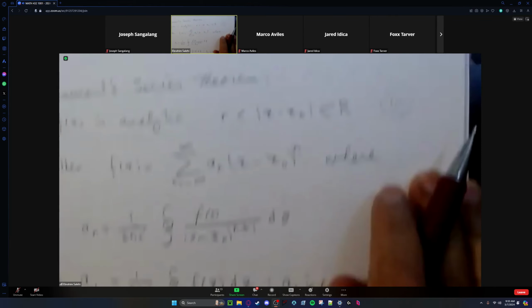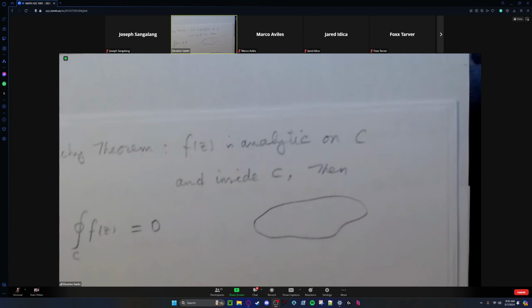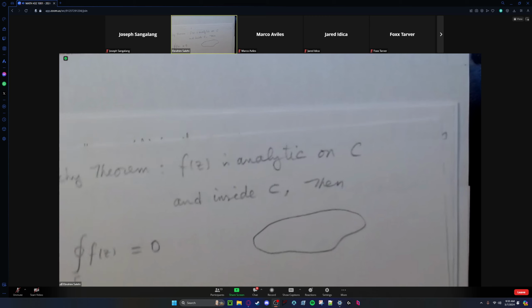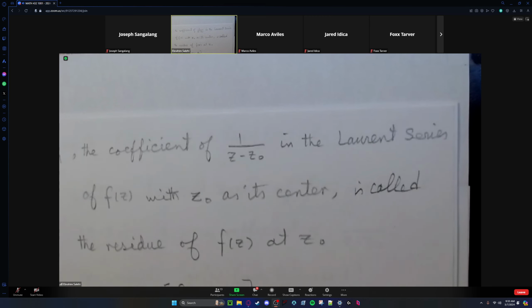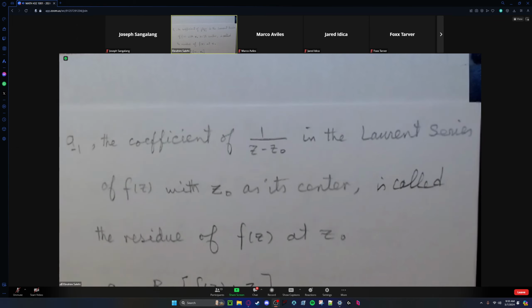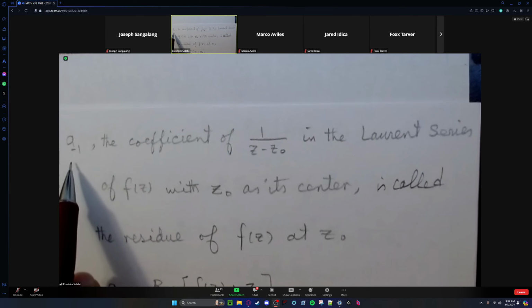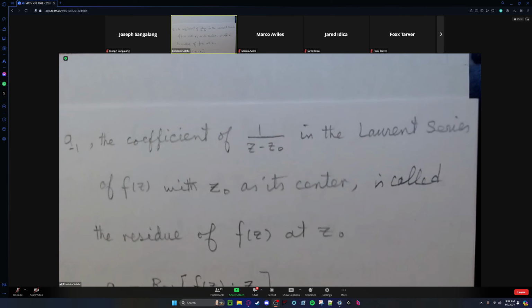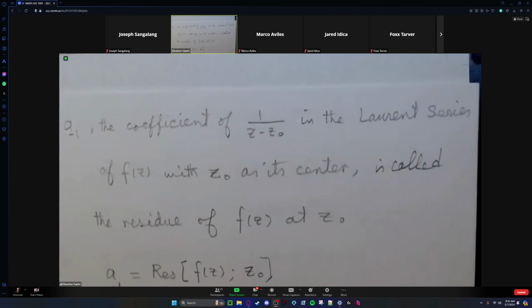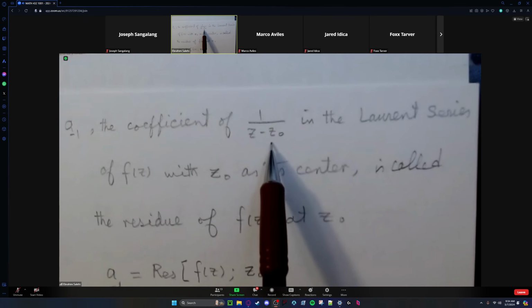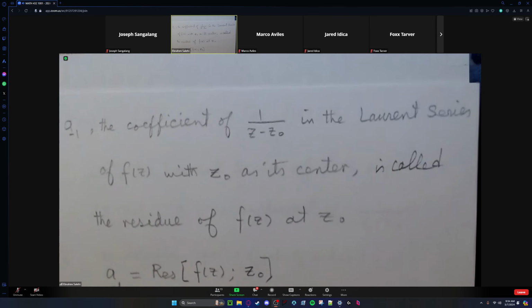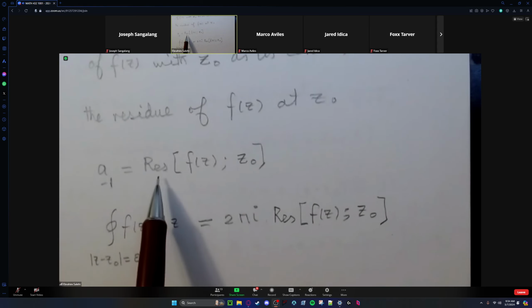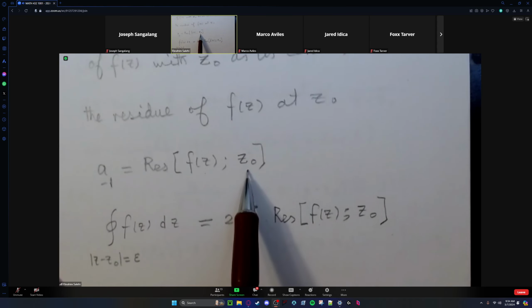And this is called the residue theorem. This is the topic of section 16.3. Okay, so this plays a crucial role in integration theory. This is the coefficient of this term. We call it the residue of the function at that point.